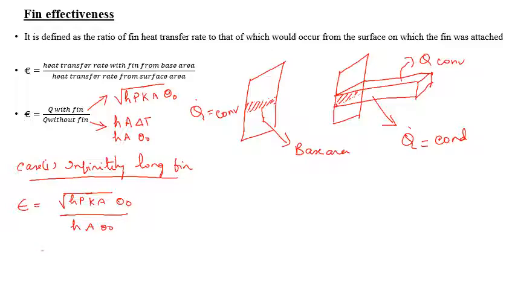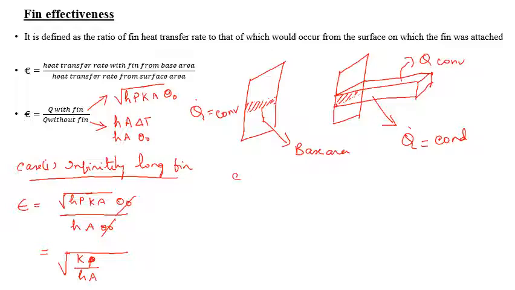On simplification, what we will get here is square root of kP by hA, because theta naught gets cancelled.